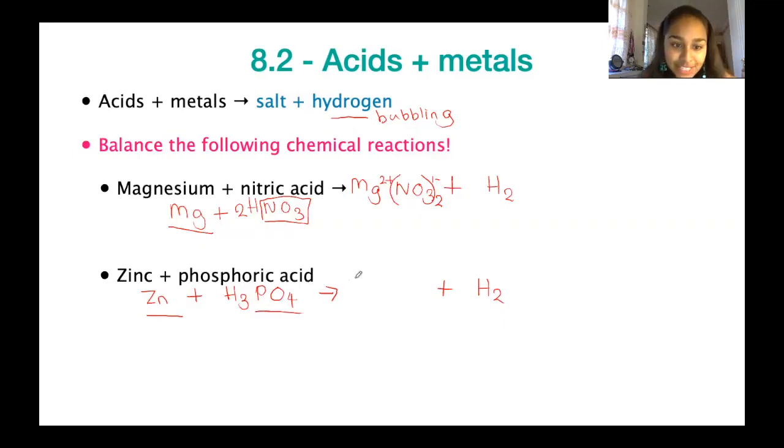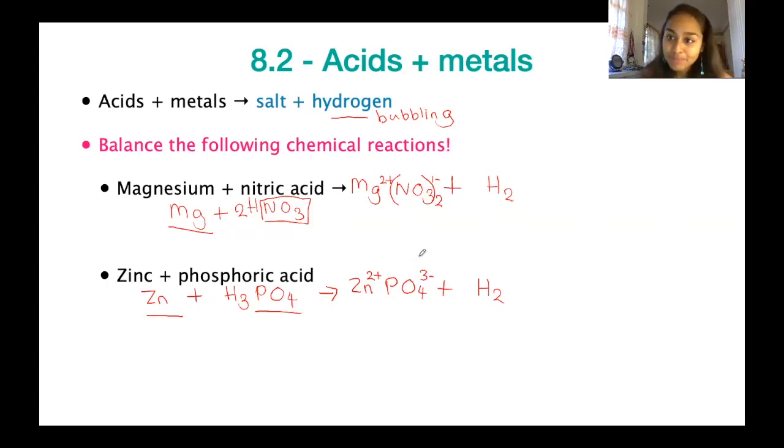So we're going to have ZnPO4. Let's look at whether these balance out though. Zn has a charge of 2+. I'll tell you why in a second. And PO4 is another polyatomic ion that's worth remembering, and its charge is 3-.